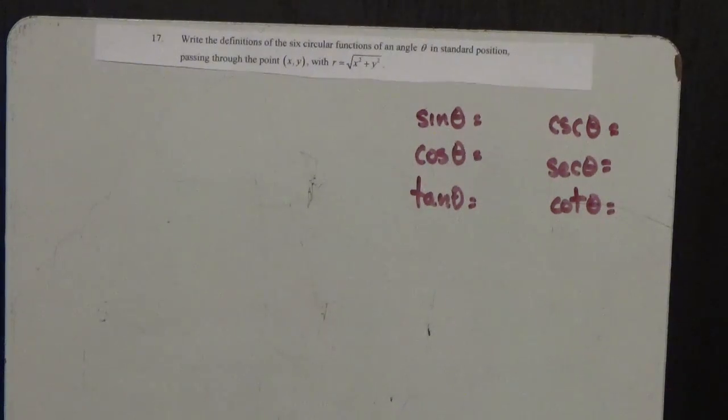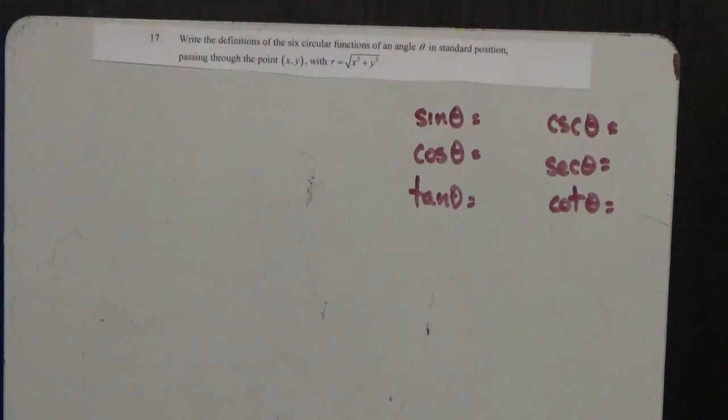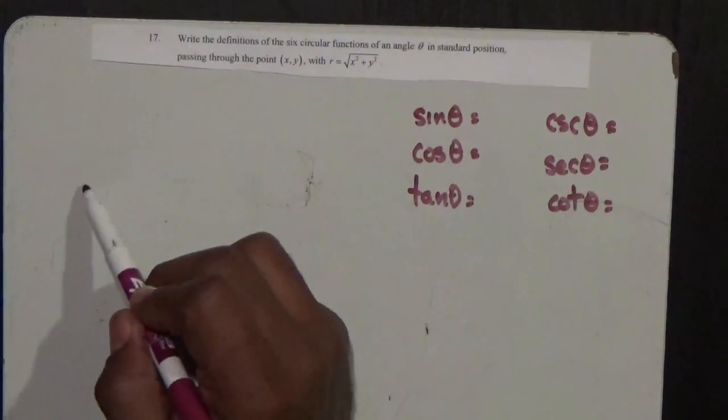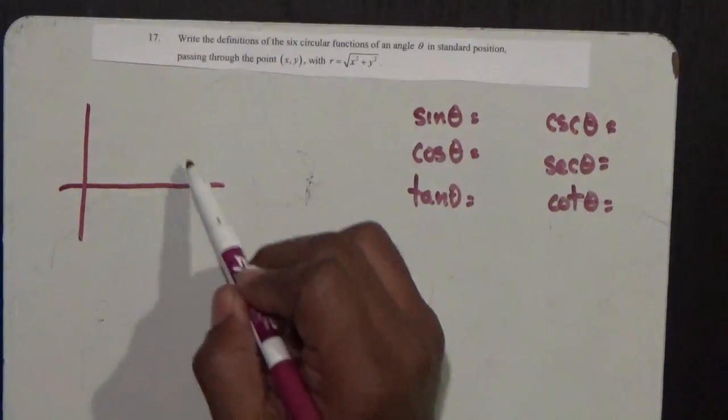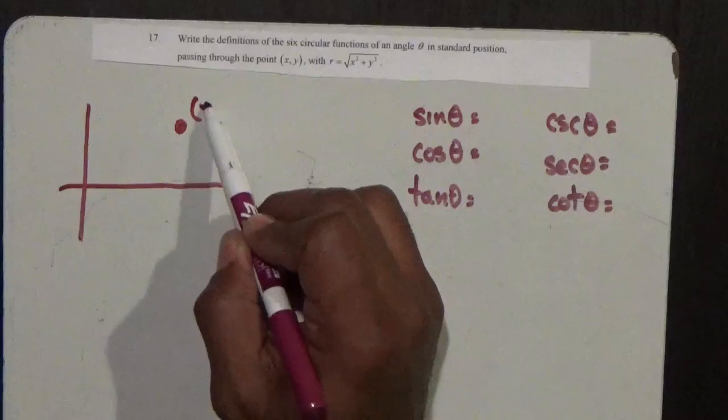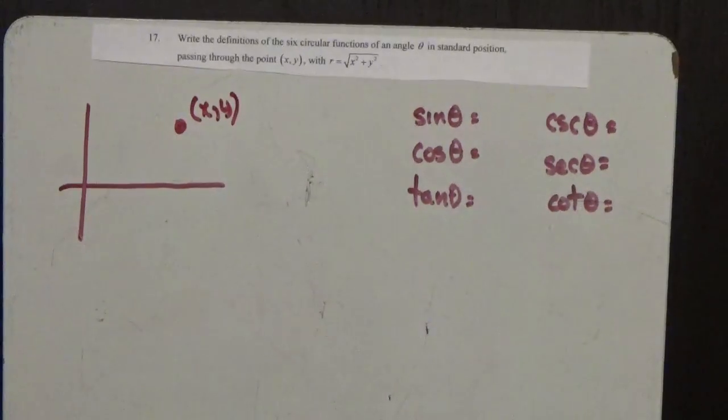It says write the definition of the 6 circular functions of an angle theta in standard position passing through the point x, y. So let's just choose a point x, y, with r equaling the square root of x squared plus y squared.